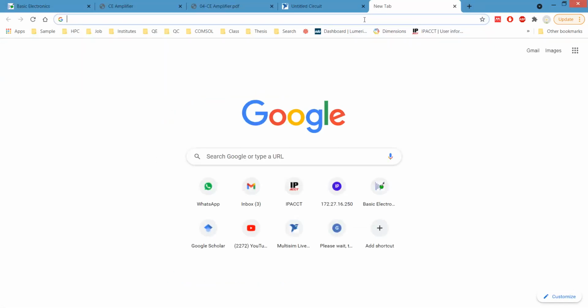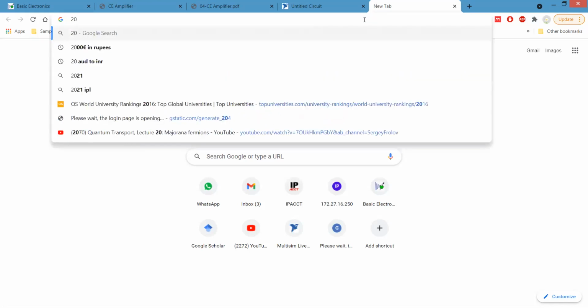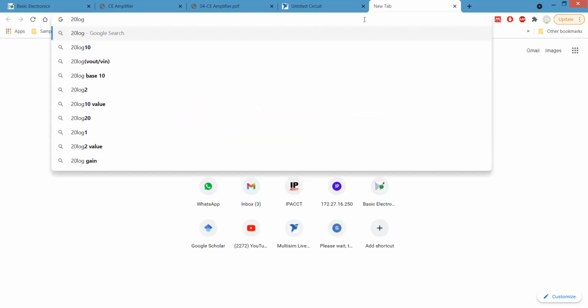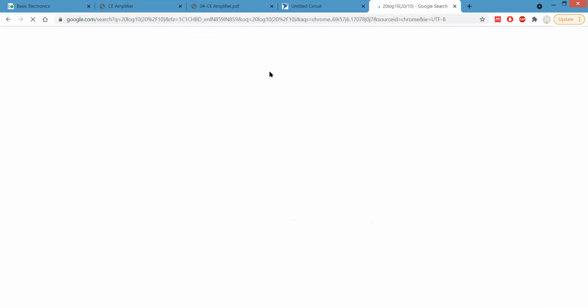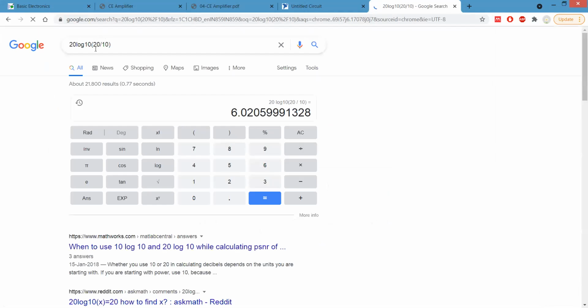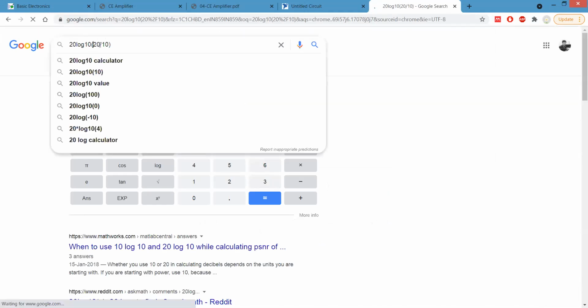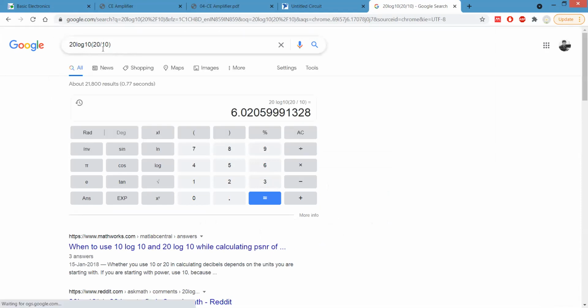Then in dB scale it will be 20 log of 2, which is around 6.02. So in dB, this will be the value, and in absolute terms the output voltage is 20 volt and the input voltage is 10. Okay. In this way, we can convert into dB scale.